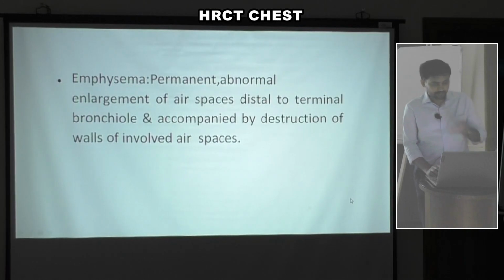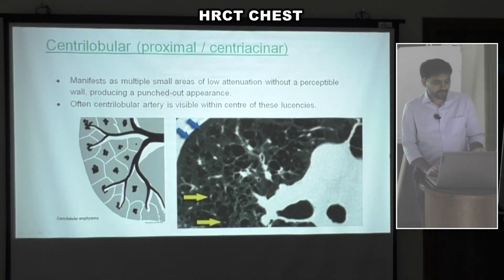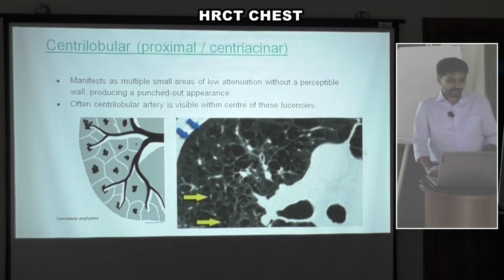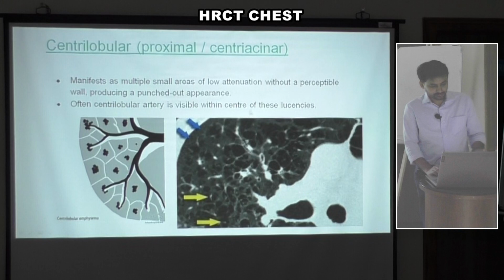Another one is emphysema. Emphysema means abnormal enlargement of air spaces distal to terminal bronchioles. There are three types: centrilobular, paraseptal and panlobular. Centrilobular usually manifests as small or cystic air spaces, predominantly in a relatively central distribution.